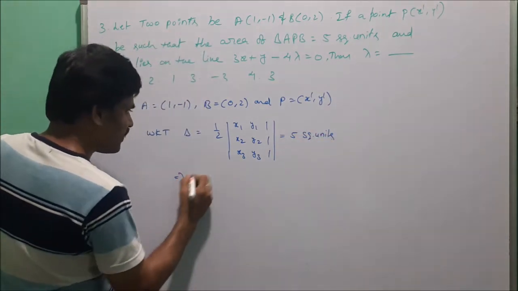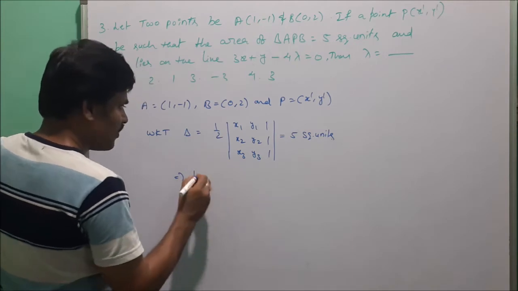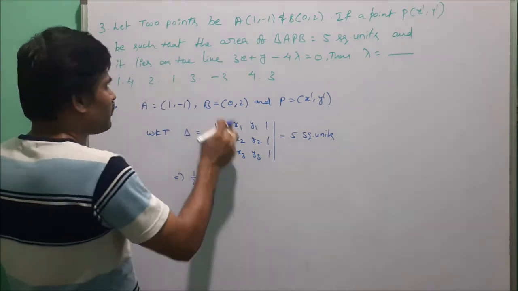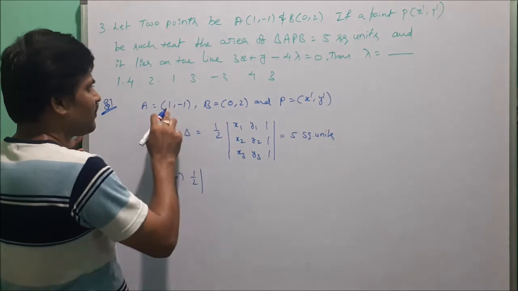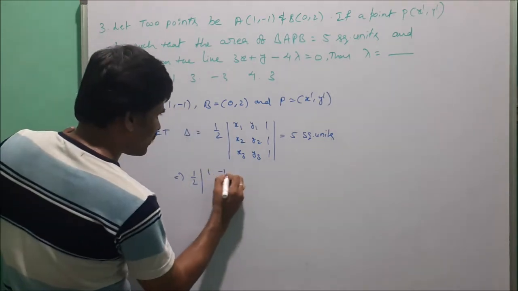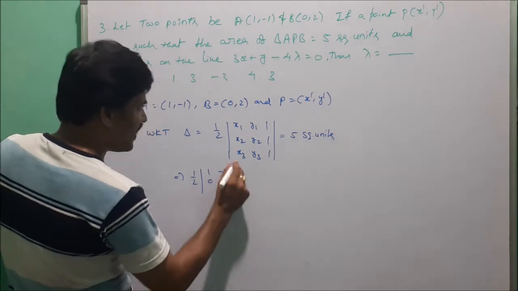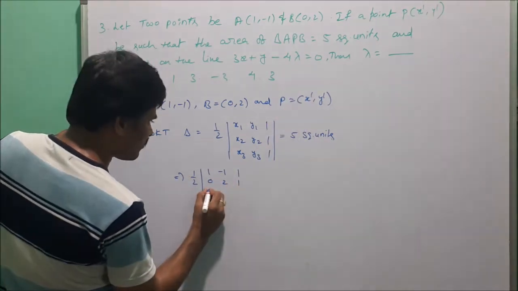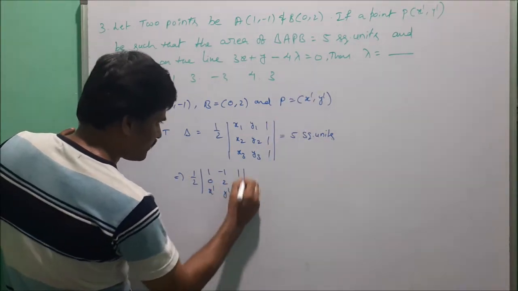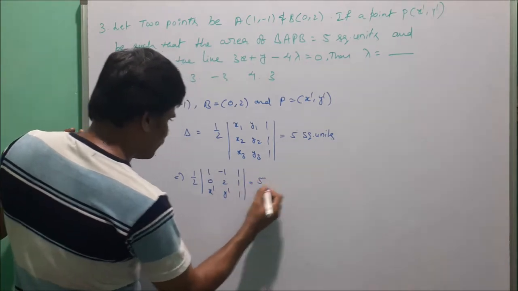Substituting the values: 1 by 2 into the determinant 1 minus 1 1, 0 2 1, x dash y dash 1, equals 5.